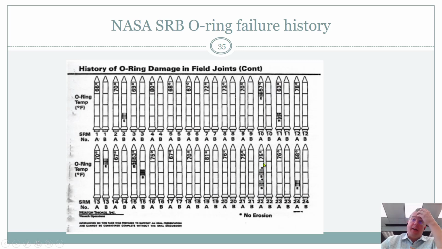So this kind of throws off my pattern recognition. And I'm looking at this and trying to figure out, well, I don't even know what these mean other than this is a representation of O-ring damage and which solid rocket booster and which launch and what was the launch temperature.